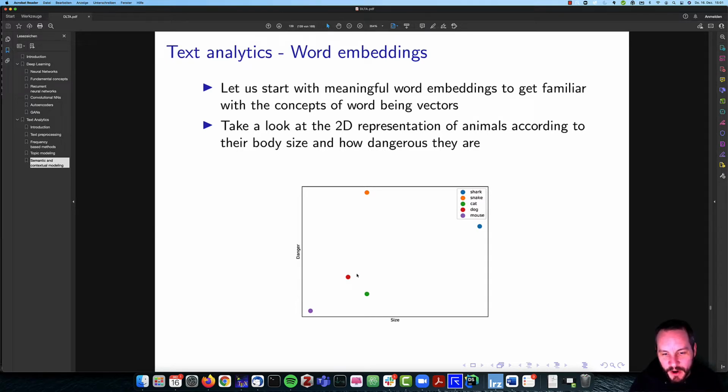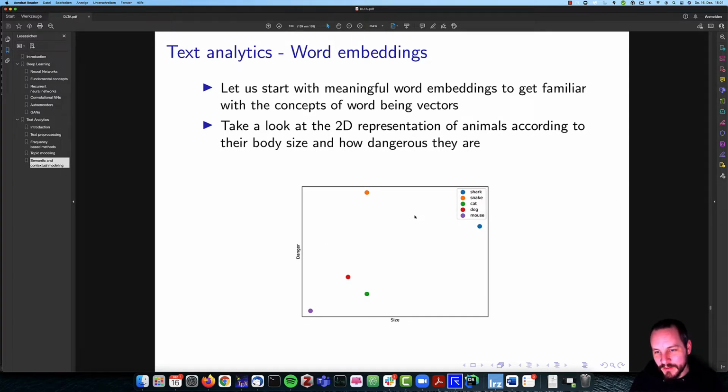Then we have a dog, and that doesn't really make sense here, because I would guess on average a dog may be a little bit taller, but let's say we are also taking into account very small dogs, so on average they are maybe a little smaller than a cat, and sometimes they may be considered a little bit more dangerous because they can bite you, and that can be quite harmful. Obviously, sometimes the bigger dogs are more dangerous.